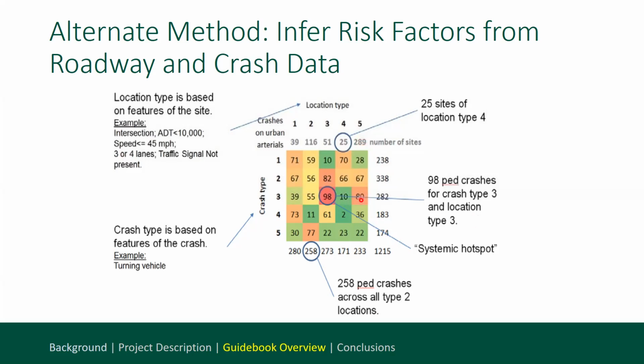So this might be where you have signalized intersections, for example, with these characteristics. Okay. I can look at these 77 crashes where location type is 2 and crash type is 5. Whatever that type happens to be, you would know that as an analyst. So you can start to see, okay, I will look for where I see the highest frequency, and then based on that, I'll decide what things to fix.